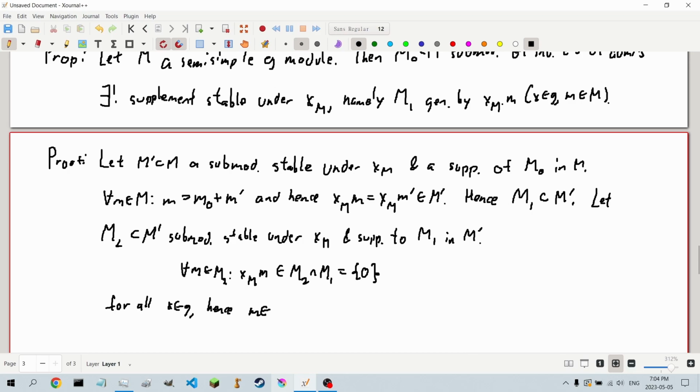Hence m is in M0, so m is 0. Hence M2 is 0, so M1 is M prime.